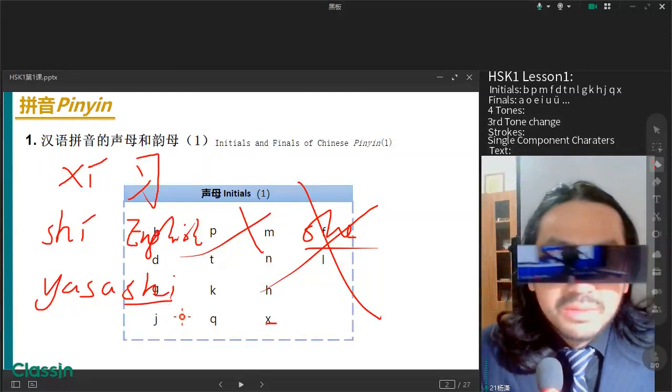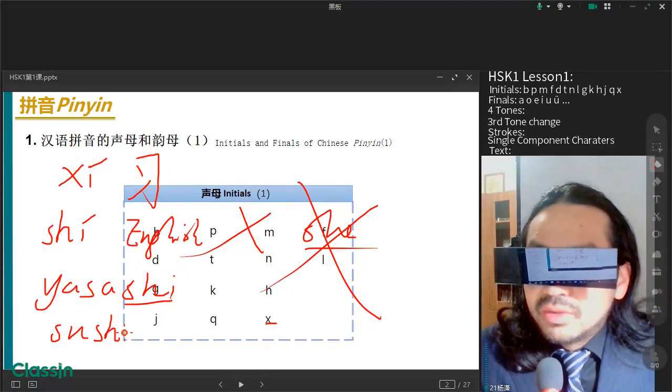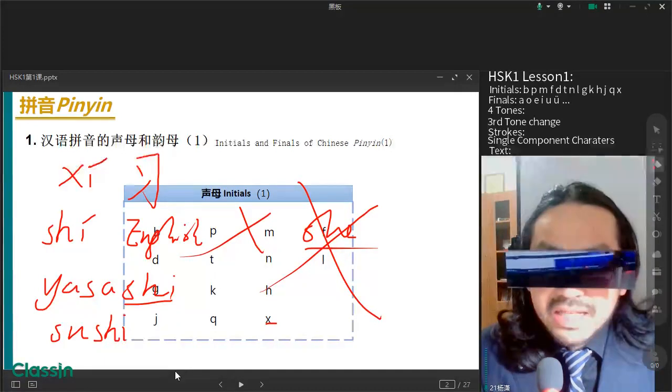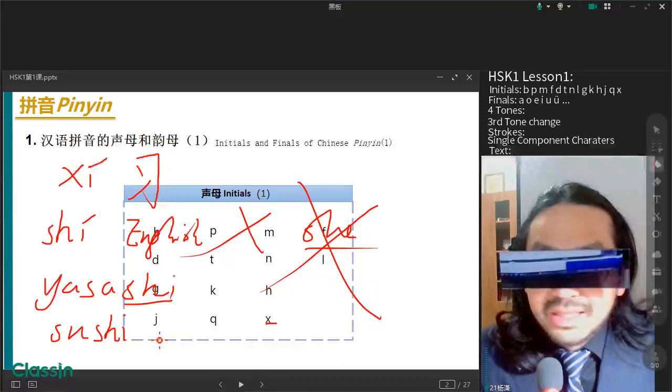If I am not mistaken. And when you go to Japanese cuisine, they do not read it as sushi, instead they read it sushi.